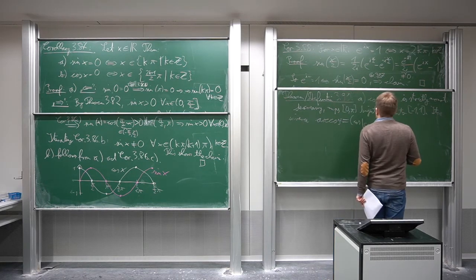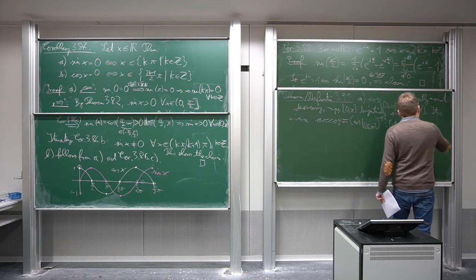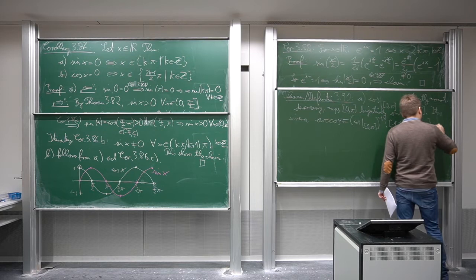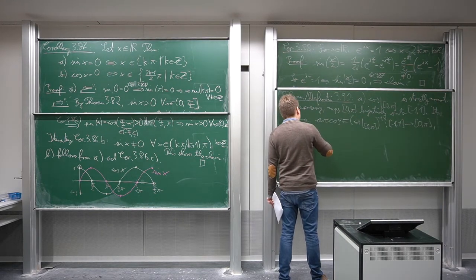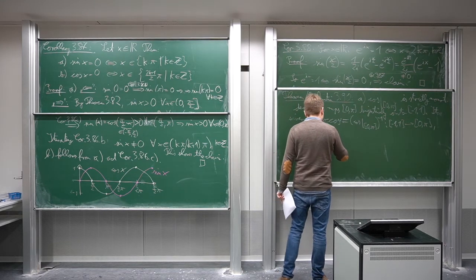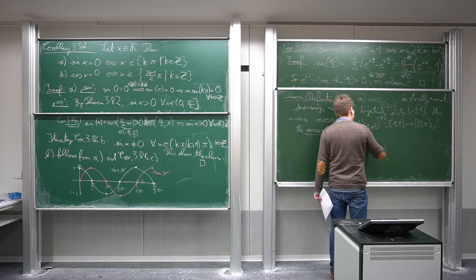So this inverse, of course, takes the other direction. We go from minus 1, 1 to 0 pi. This is called the arc cosine. It is continuous, by this continuity theorem we had before.